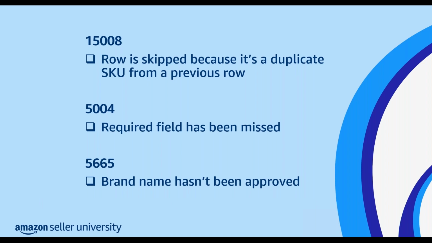So error code 15008 occurs when a row is skipped because it's a duplicate SKU from a previous row. So in this sense, you would have to go in, edit the file, and remove that duplicate SKU and resubmit. If you receive error 5004, your file is missing required information. Again, check your inventory file to ensure you've filled out all required fields before resubmitting.